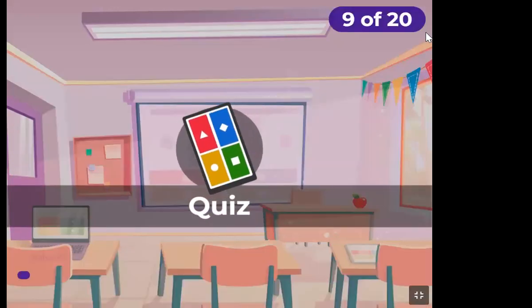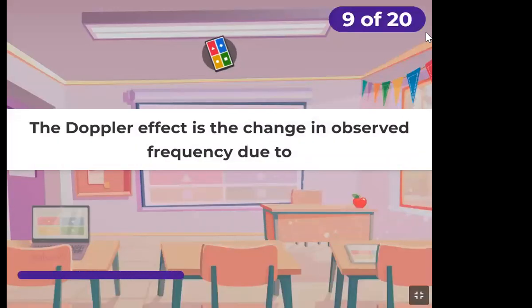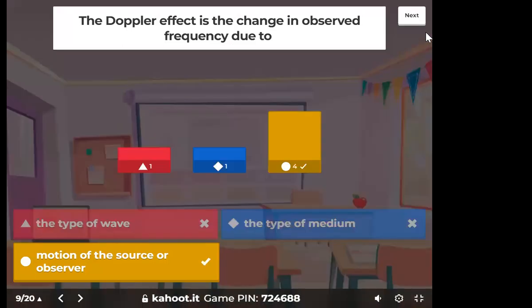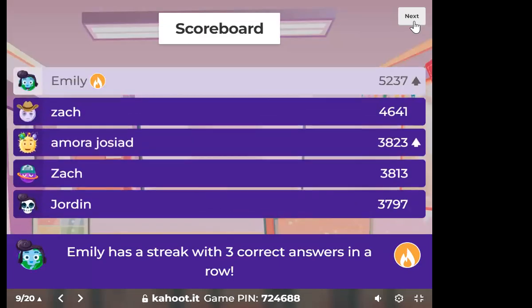The Doppler effect is the change in observed frequency due to motion of the source or observer. In that Doppler effect equation, which is on the poster, there's a couple of plus or minuses, so you can figure out who's headed towards or away from what direction, and that's going to make a difference.